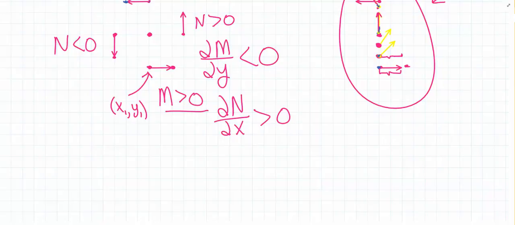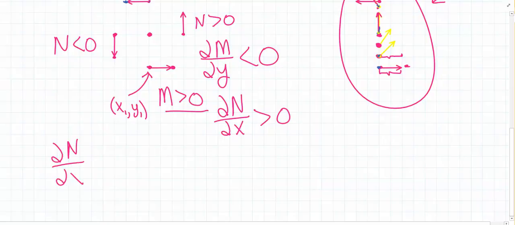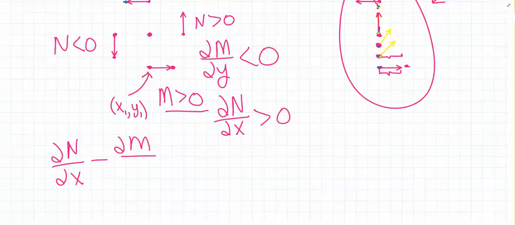Well, let's take the partial of n with respect to x. That's positive. And let's subtract from that the partial of m with respect to y. Now, if we do that, and the partial of m with respect to y is negative, this is going to give us a positive curl.